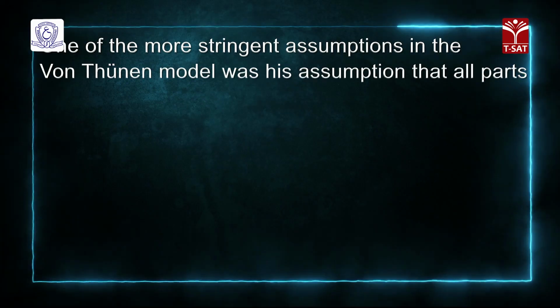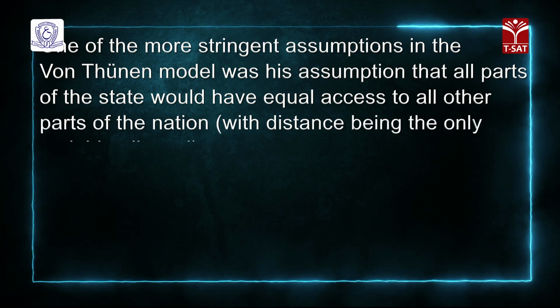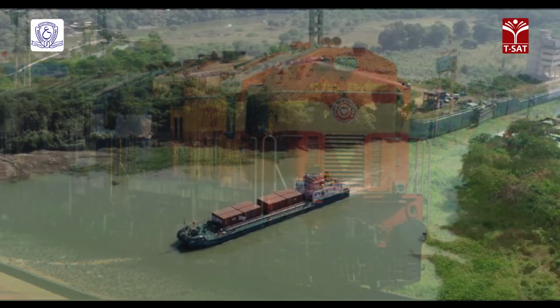One of the more stringent assumptions in the von Thunen model was his assumption that all parts of the state would have equal access to all other parts of the nation, with distance being the only variable allowed. Railways existed, and navigable water routes significantly reduced the friction of distance between the places they served.